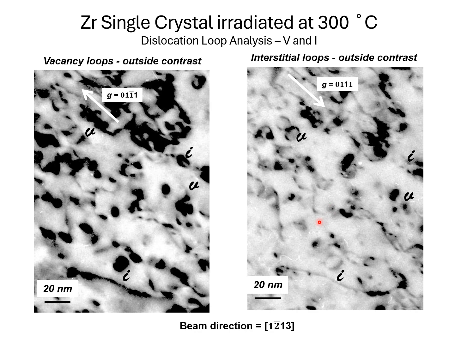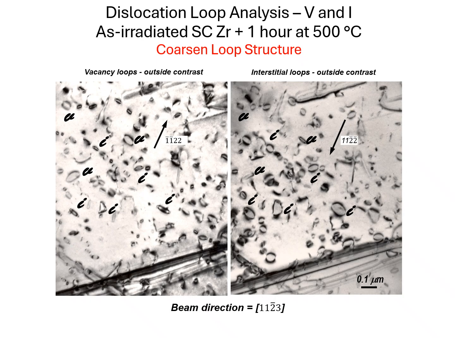There's a lot of absorption to deal with. One way to get around that is to heat the sample. What I've done is taken that previous sample and heated it for an hour at 500, and we get a less finely dispersed structure, and we can distinguish the loops much better.